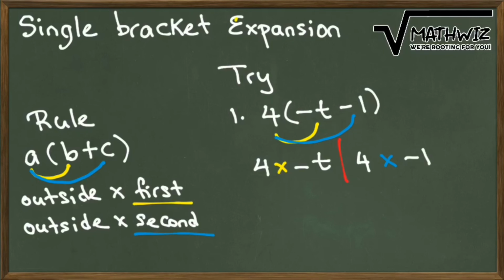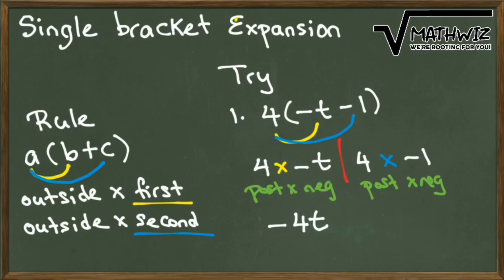Okay, and so we have a positive multiplied by a negative, positive multiplied by a negative. So for the first one, 4 multiplied by minus t, a positive times a negative is a negative, and 4 times t is 4t. 4 times minus 1, a positive times a negative is negative, and 4 times 1 is 4.